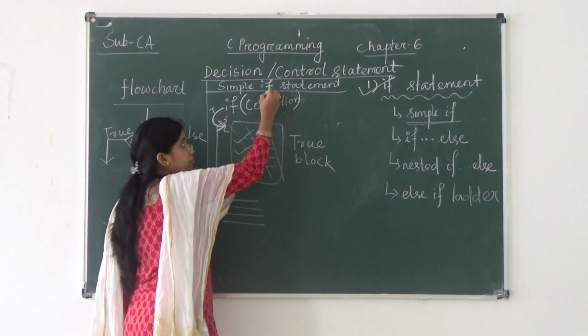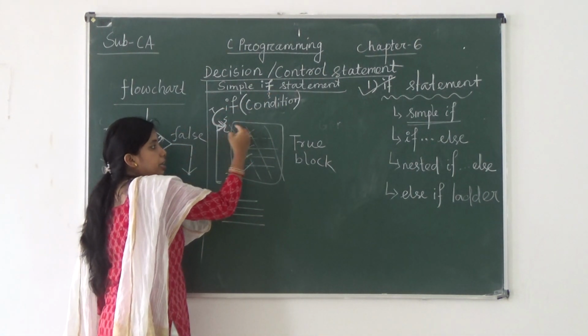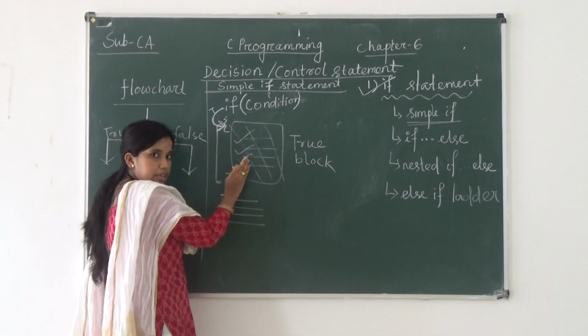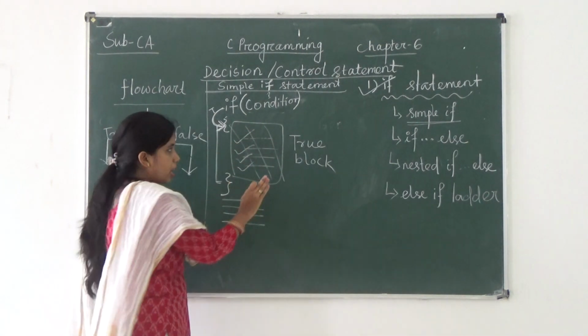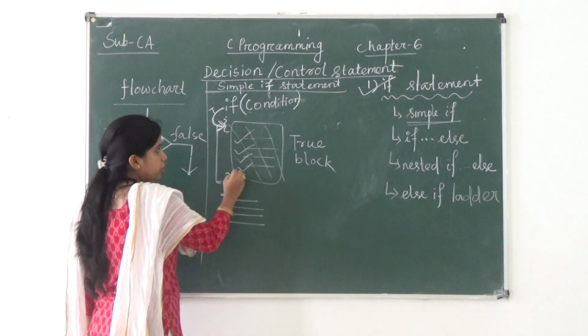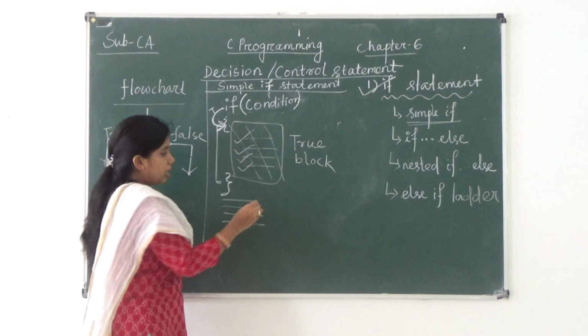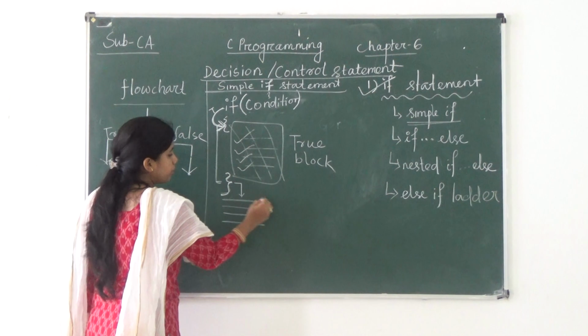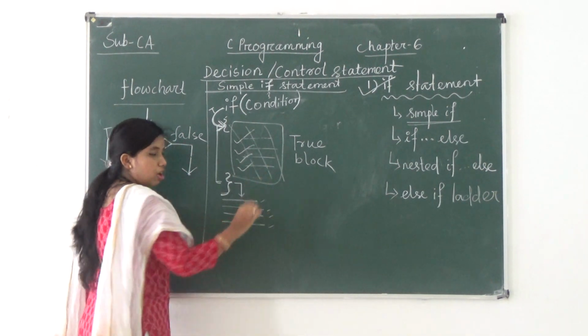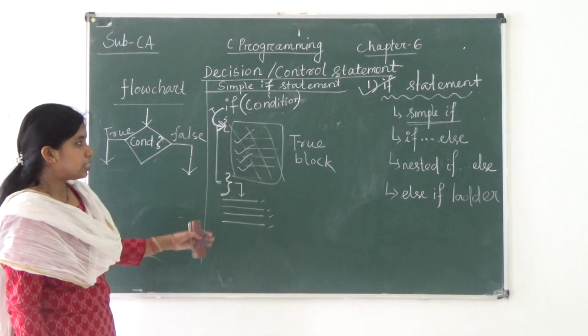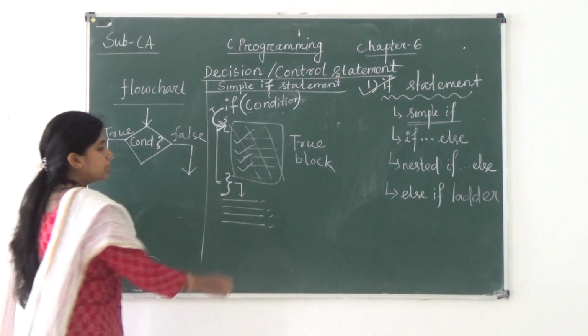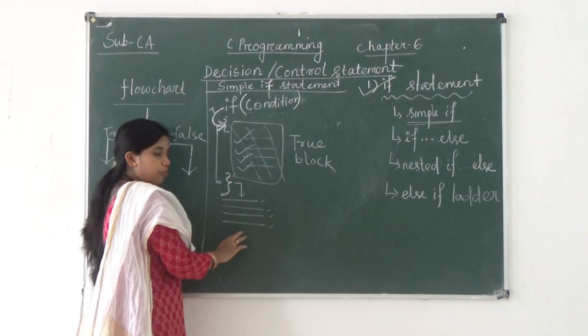So what does this mean? First test the condition. If it is true, enter into the true block and execute whatever statements are written inside it. After the execution of the true block is done, you come out and execute whatever statements are written after that, outside. Don't think that these are the false block.